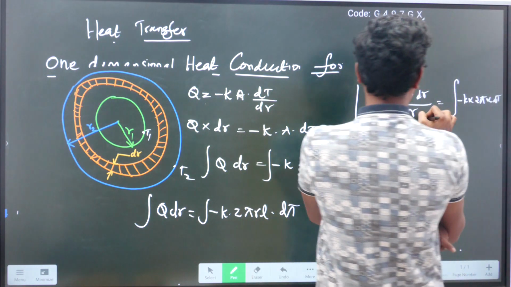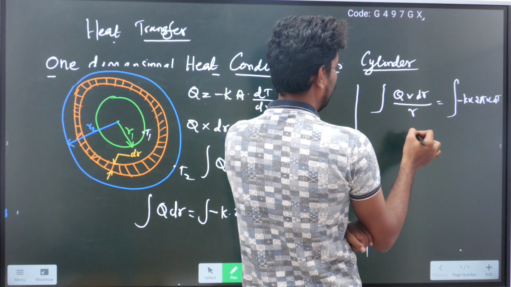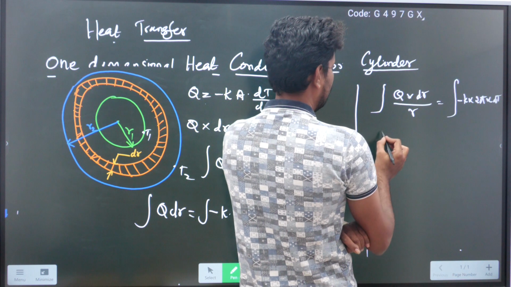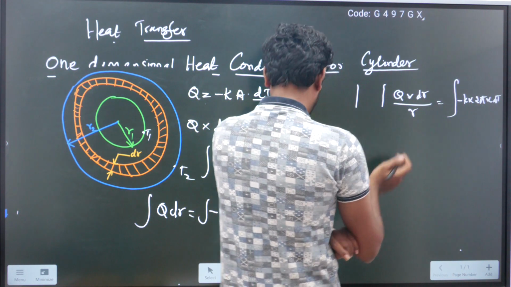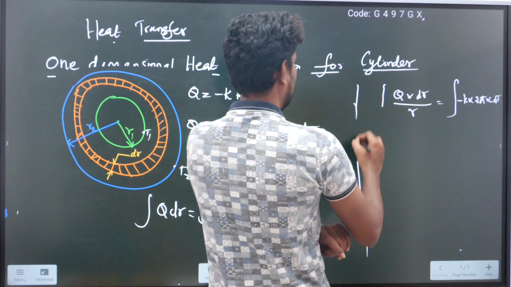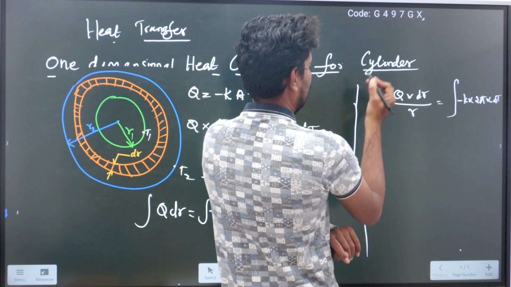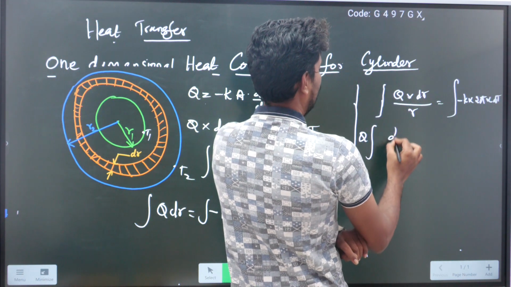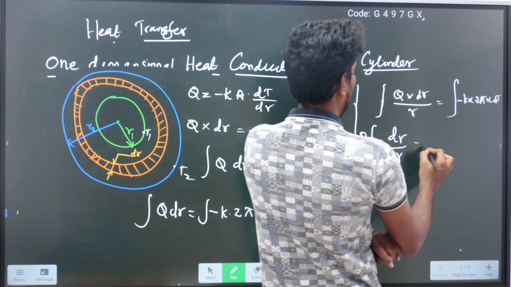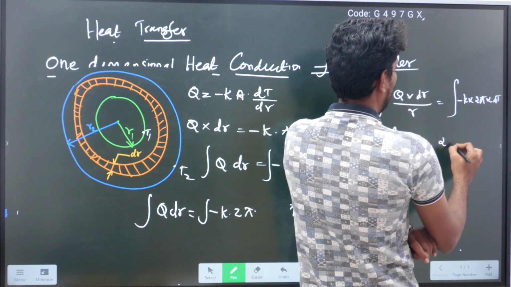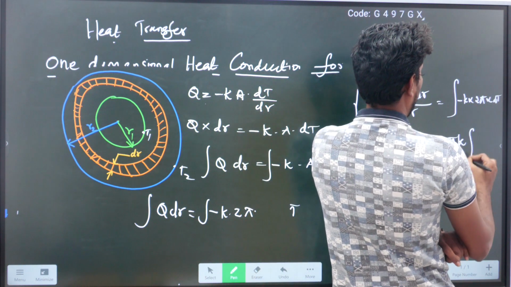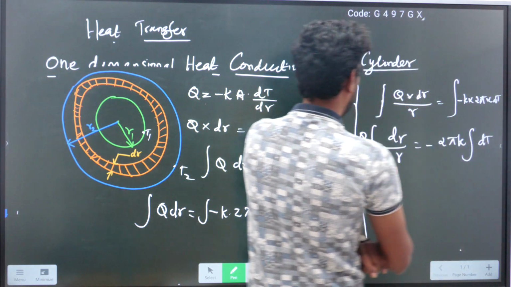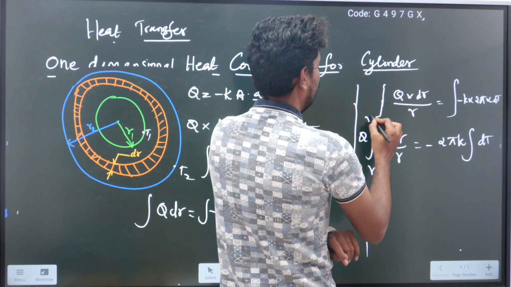Now we have to integrate this; you integrate only the r. Taking Q to this side, the integration is equal to minus 2 pi K dT. This integration is between r1 and r2.